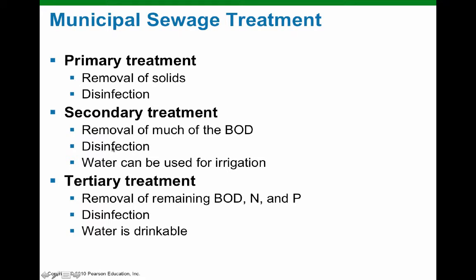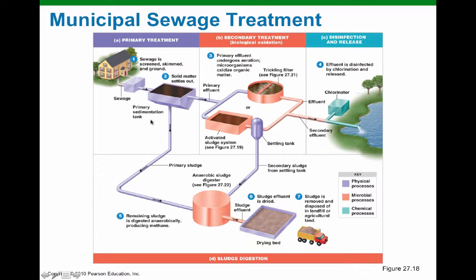You also disinfect here, and the water can be used for irrigation. And then lastly, this tertiary phase where you're removing any of the remainder of the BOD, the nitrogen and phosphate, followed by an additional cycle of adding chlorine or disinfection, and then the water is drinkable. So you basically start off with sewage and end with potable or drinkable water.